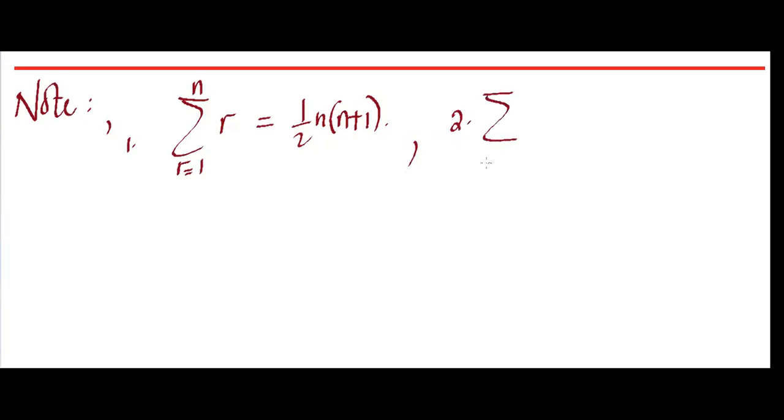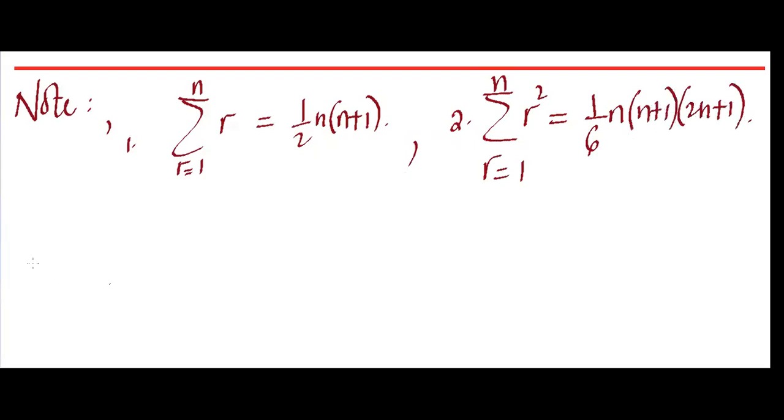Two, the summation from r equal to 1 up to n with their square terms or square numbers in the counting domain. It is the sum is that one. And three, what if they are cubic patterns, cubic numbers in a series in the counting domain?